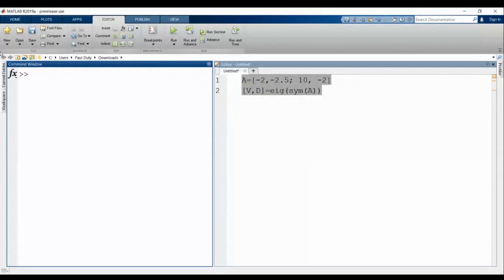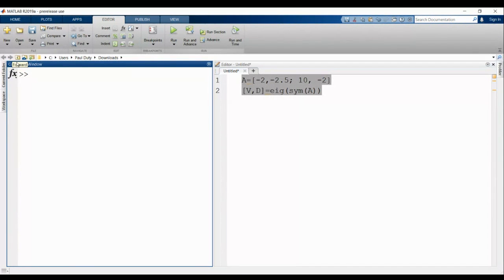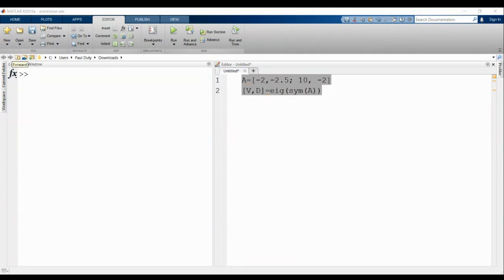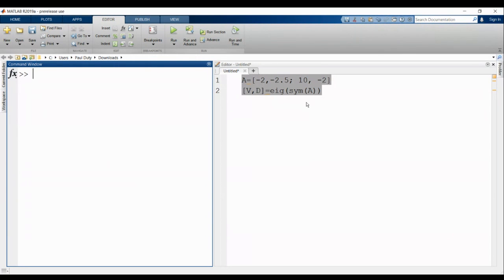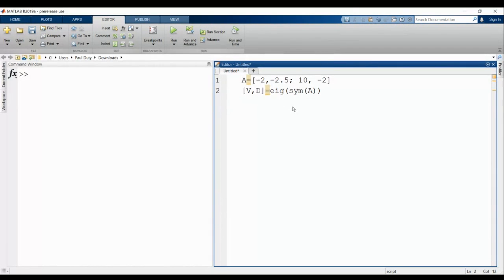So what I did, class, was I clicked on new, and that opened up the script editor, and then I put in this script.